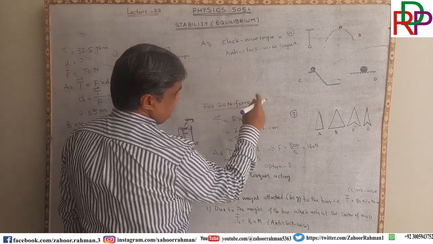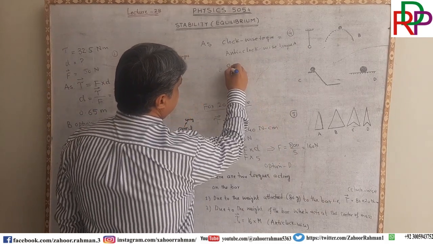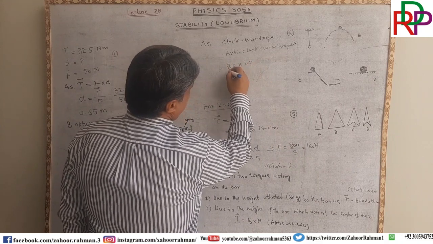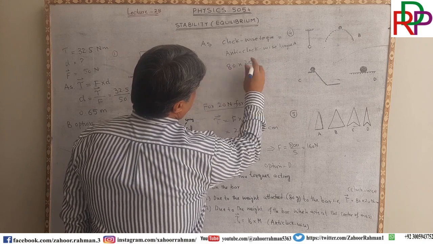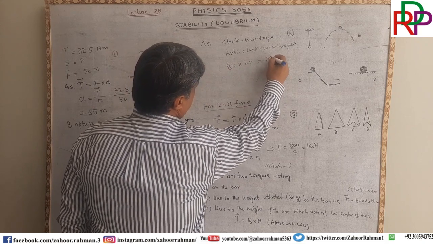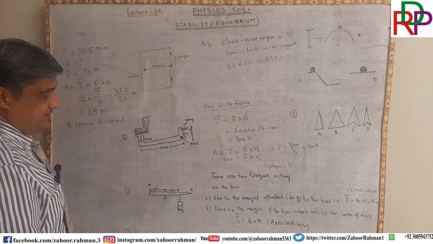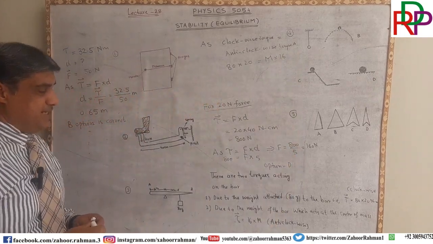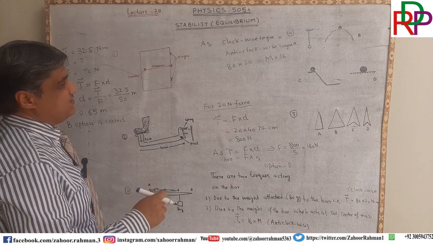So we are putting the clockwise torque 80 multiplied by 20 and anti-clockwise m multiplied by 16.